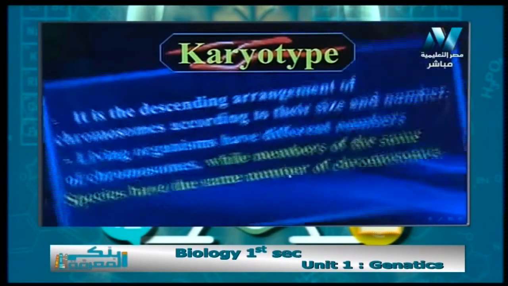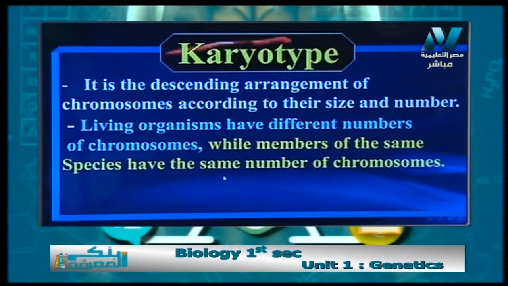Karyotype definition: it is a descending arrangement of the chromosomes according to their size and number. Living organisms have different numbers of chromosomes, while members of the same species have the same number of chromosomes.